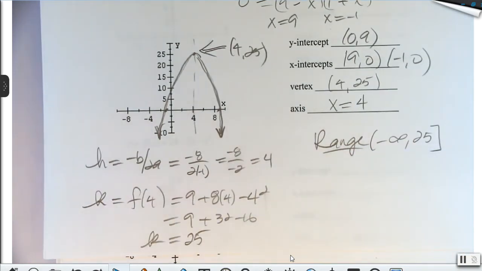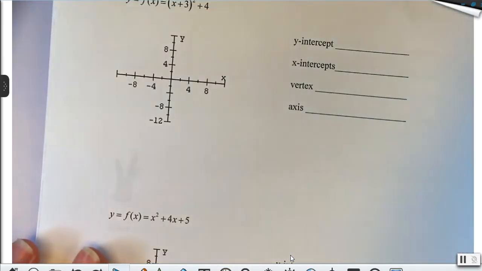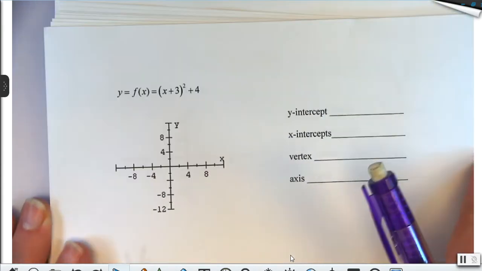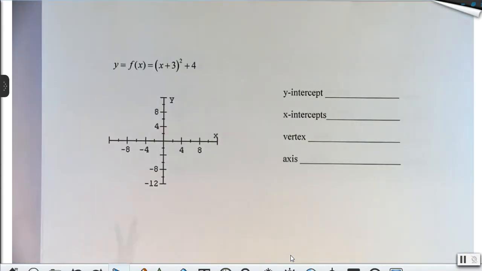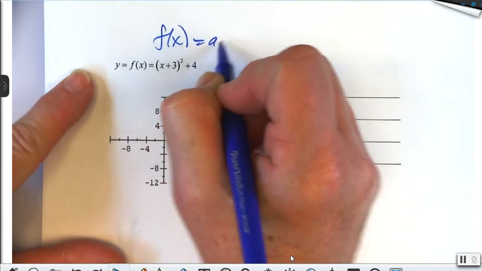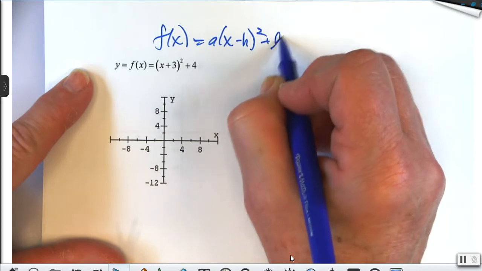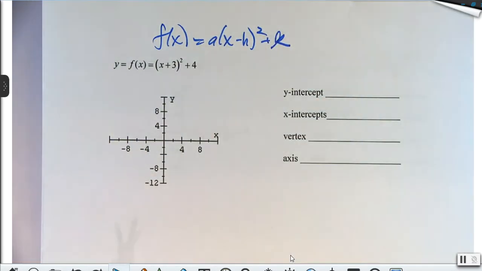Okay, so let's just try a couple more here and see what happens. All right, so let me get my next page here. There it is. That's good. Now, this one here is kind of written in that slightly alternate form. That is the a times x minus h squared plus k. So let's figure out where the vertex is first.